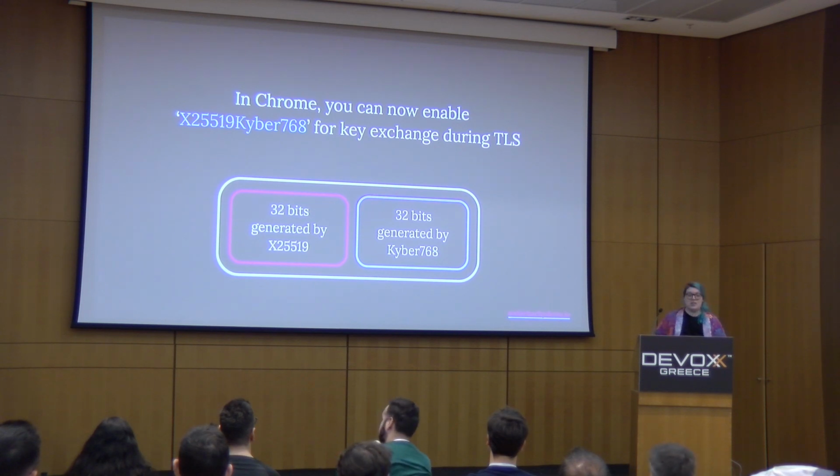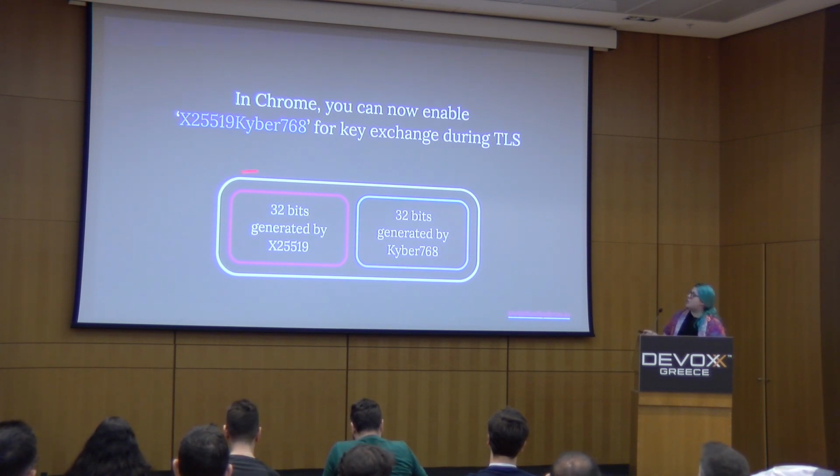And what it does is it does a 64-bit key exchange, and half of it's generated by classical computing algorithms, ones that are secure against classical computing, and half of it is something that's secure against quantum computing. So even if this turns out to be broken by classical computing, like some other schemes have been, you've still got this, which is still, for now, secure, and vice versa.